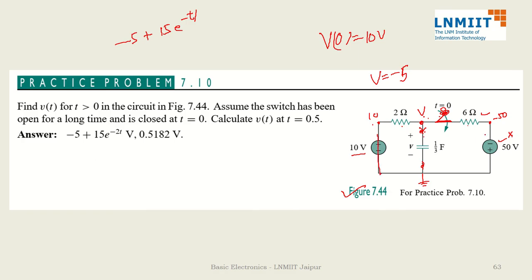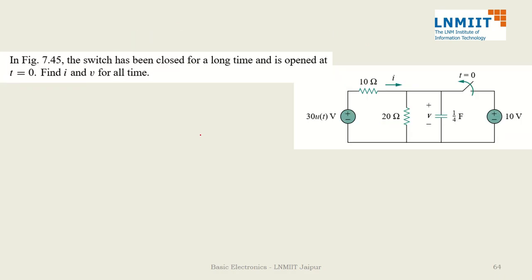So this is 0, this is 0, 2 ohm parallel 6 ohm, 12 by 8, 1.5, that is R equivalent, into 1 by 3 C, and you get your time constant as 1 by 2. So you get the expression. Then you put t equal to 0.5 and you can get the voltage at 0.5. So all the RC circuits with step response are analyzed in a similar way.